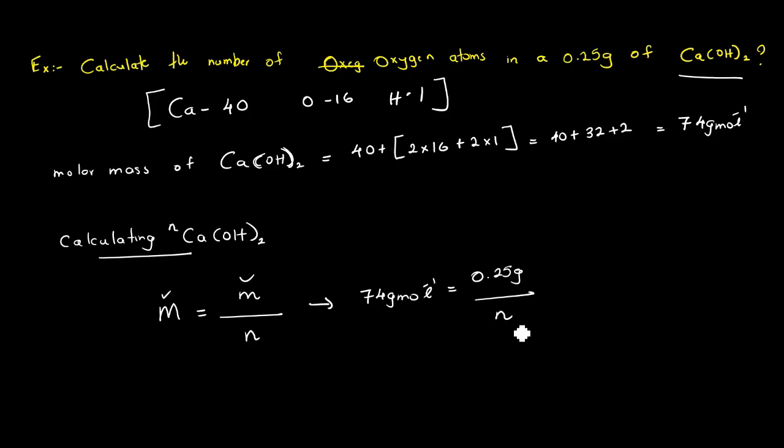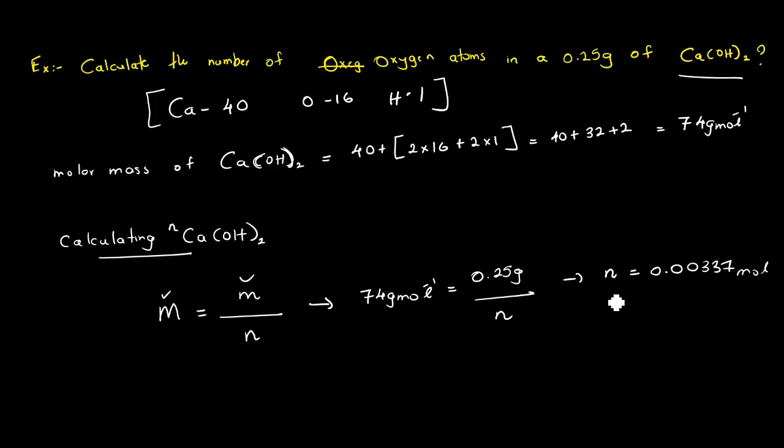So you shift the number of moles and 74 over here. So you get the answer for the number of moles as 0.0033. So this is the number of moles you have.